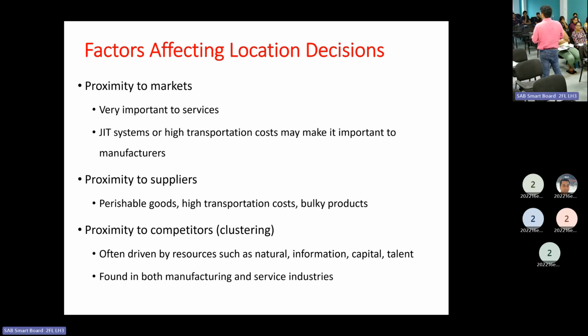Service example for clustering. You may have seen banks, supermarkets, restaurants. They sometimes try to locate close to each other, and you see clustering. Supermarket outlets are established next to each other sometimes, right?